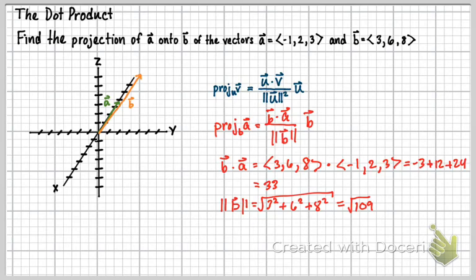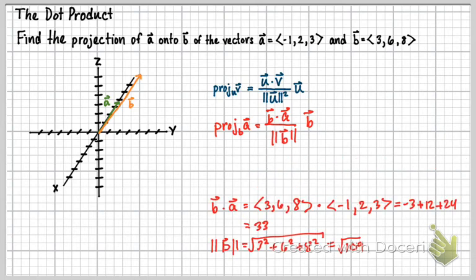And then all we're going to do is times that by our vector B. So my dot product was 33, my magnitude of B was square root of 109, and my vector B is 3, 6, 8. So there it is, and I can multiply it through. Simplifying, I'm not going to be able to, because I can't get anything simpler than square root of 109. I don't have to go any further than that.